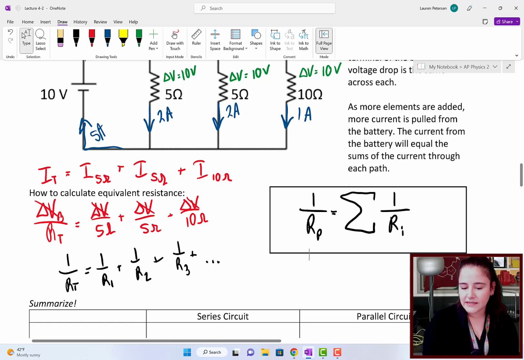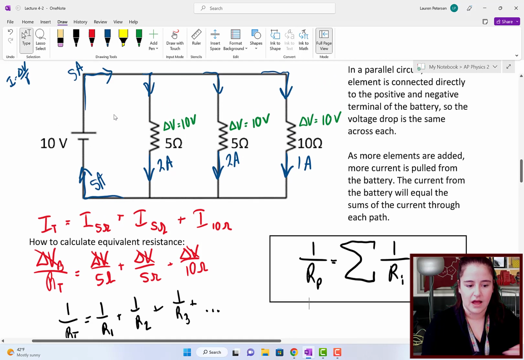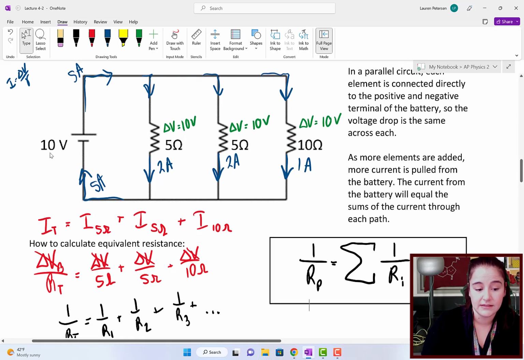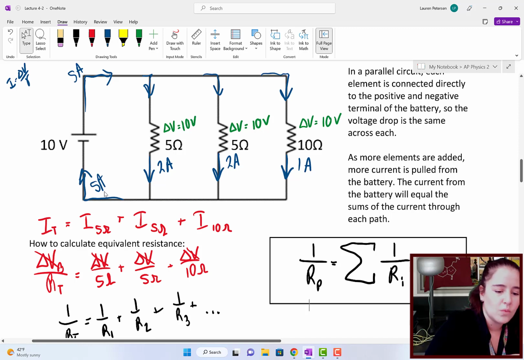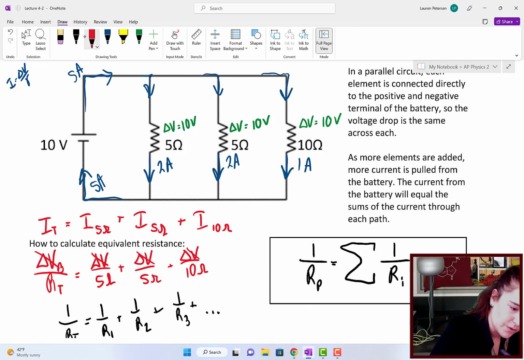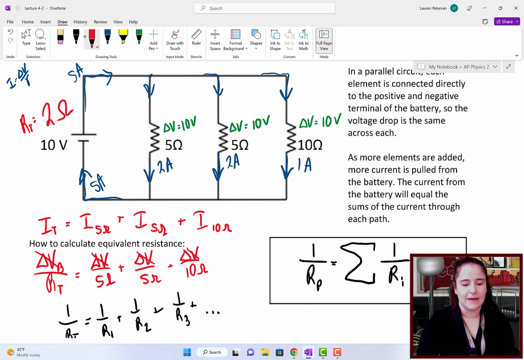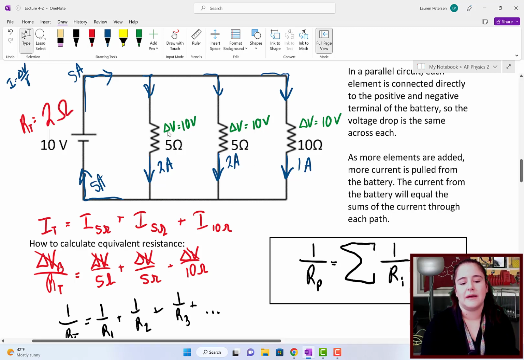And that makes sense too. You can look at that here through the total resistance, easy. We have 10 volts divided by 5 amps, which gives us our total of 2 ohms. You could also find that by doing 1/5 plus 1/5 plus 1/10 and taking the inverse of that.